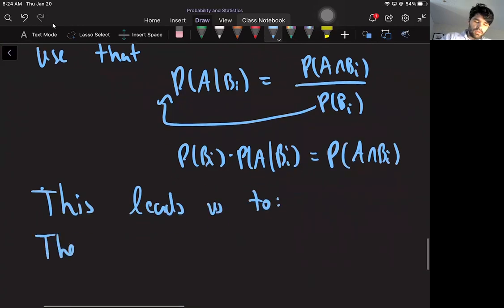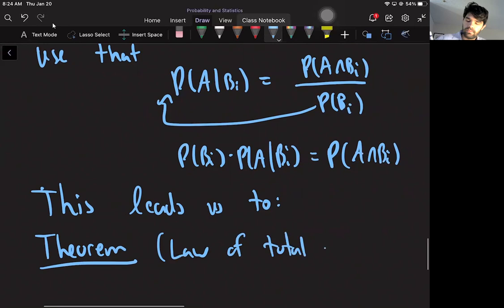Okay, so I'll just call this a theorem. The law of total probability.